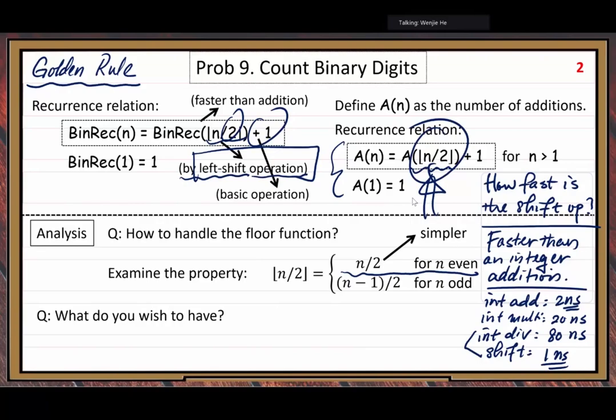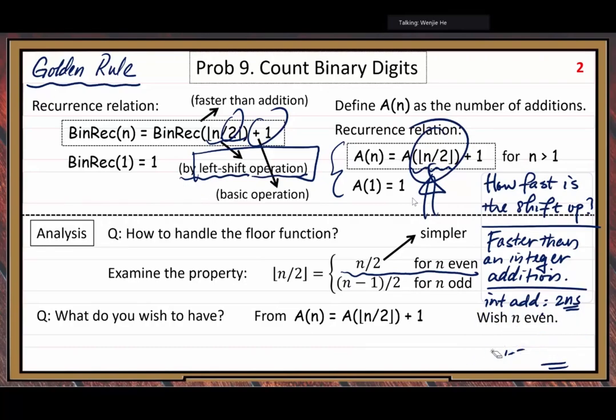When you ask this question, you always want to have the best case scenario, right? You don't want the worst case scenario when you make a wish. You don't want to give yourselves a hard time, right? We want to make our life easier. So we wish to have n even here.